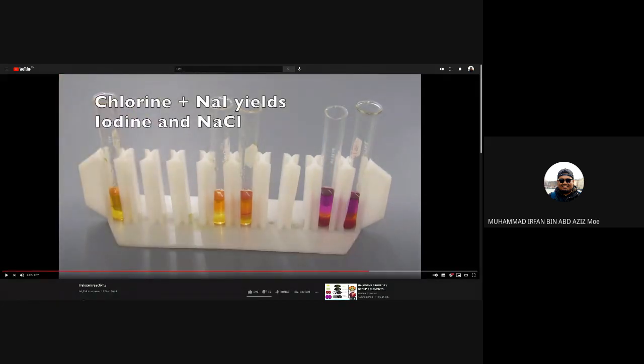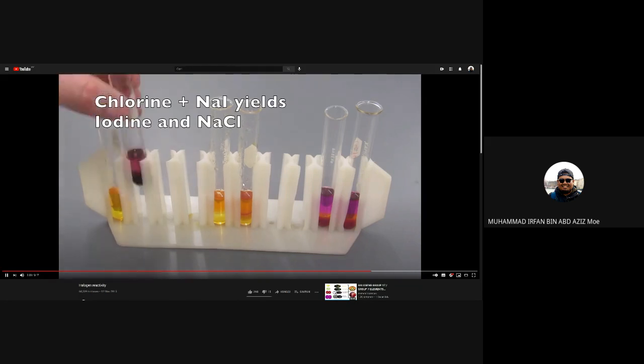Okay, and then chlorine and sodium iodide: chlorine can displace iodine, the iodide in the sodium iodide, because chlorine is higher than iodine in the periodic table. And then we get iodine and sodium chloride.